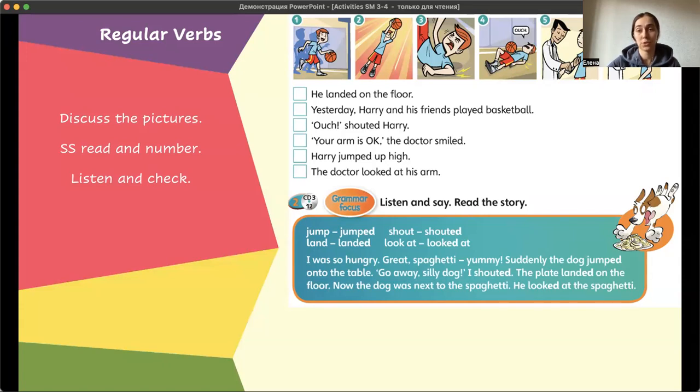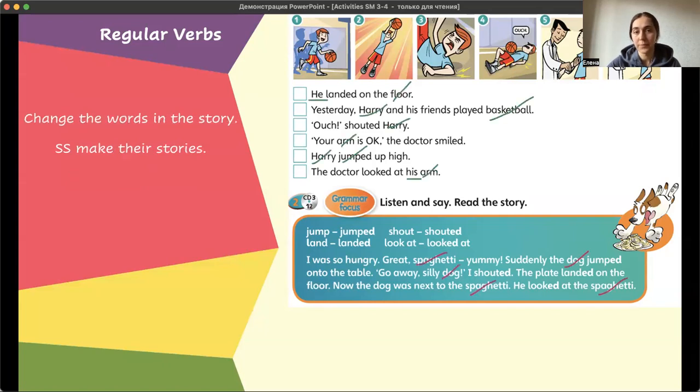and I ask them to make their stories. First, I demonstrate my story, and again, I cross the words, or maybe if I don't demonstrate it on the board, I just tell them to cross some words. And I say, then yesterday, Mary and her friends played football. Mary kicked the ball very hard.